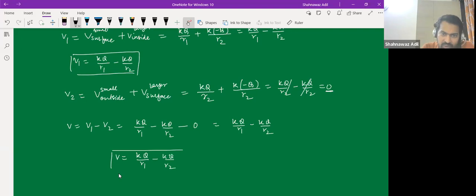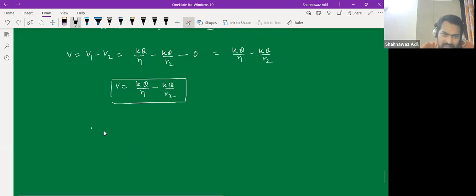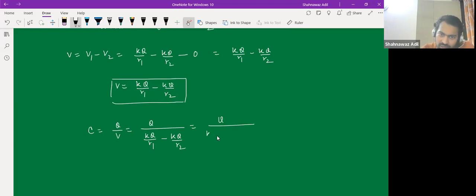Now we have to calculate the capacitance, right? To calculate the capacitance, we know that this is Q by V. So V is KQ by R1 minus KQ by R2. So this is Q by KQ, and we take it outside, 1 by R1 minus 1 by R2.